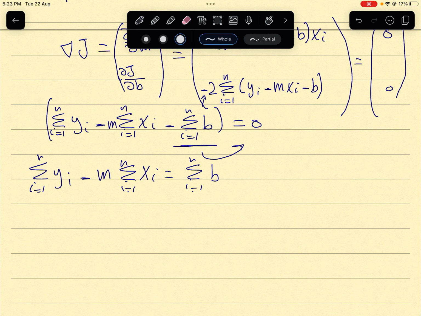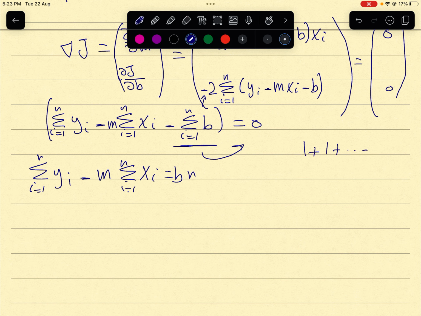I can write the b outside the summation and just put 1 here, and the summation of 1 is nothing but n, because if I add 1 plus 1 plus 1, n times, I will get n.